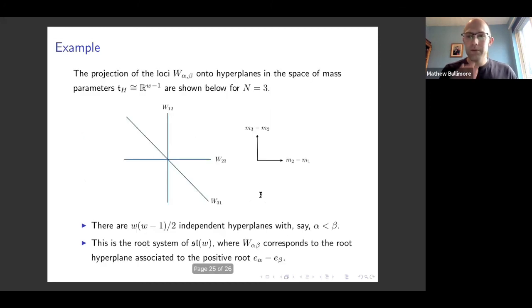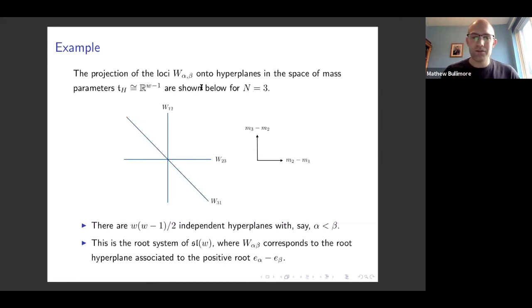Okay. Let me draw a picture. Let's take an example and project onto the Higgs branch symmetry, the mass parameters. In this case, the space of mass parameters is a copy of R to the W minus 1. That gets harder and harder to draw as W gets bigger.